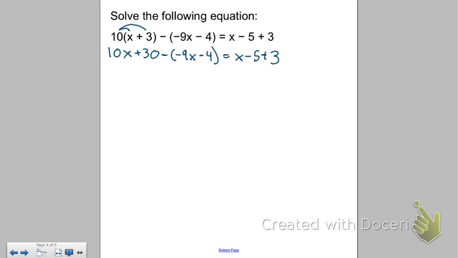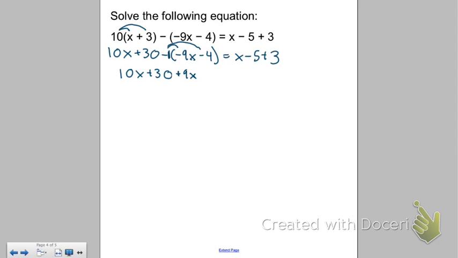I continue to look to see if I have to simplify my left-hand side. I have a negative imaginary 1 here, so I have to distribute my negative 1. 10x plus 30 comes down, and then I'm left with negative 1 times negative 9x gives me a positive 9x.